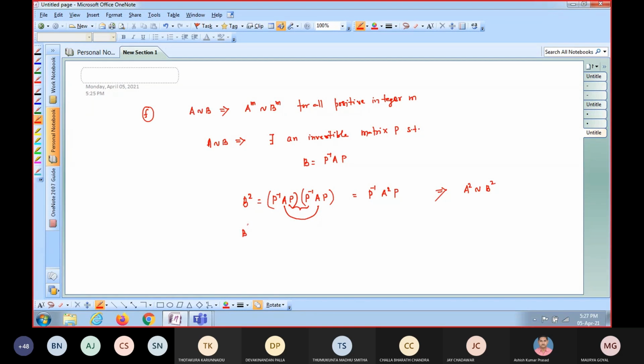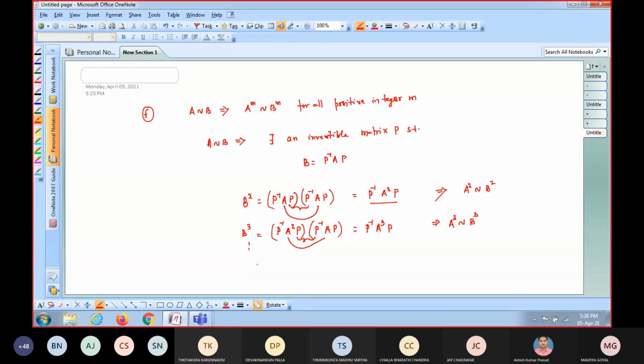Again, what is B cube? This I can write B square into B, and B square is P inverse A square P into B. B is P inverse AP. Again, in the middle, P and P inverse, that is I, and A square into A is A cube. So I write P inverse A cube into P. So this is A cube is similar to B cube.